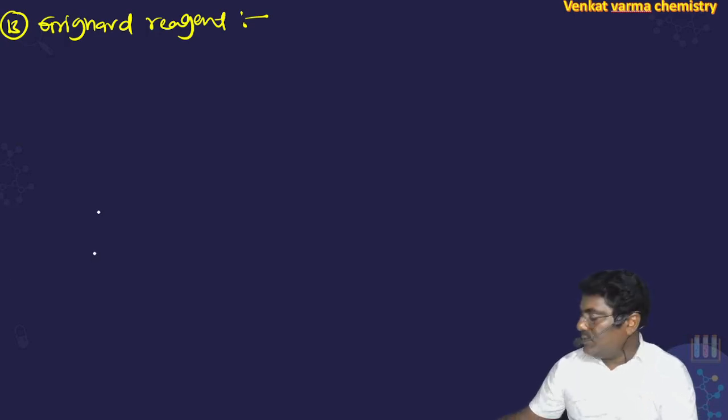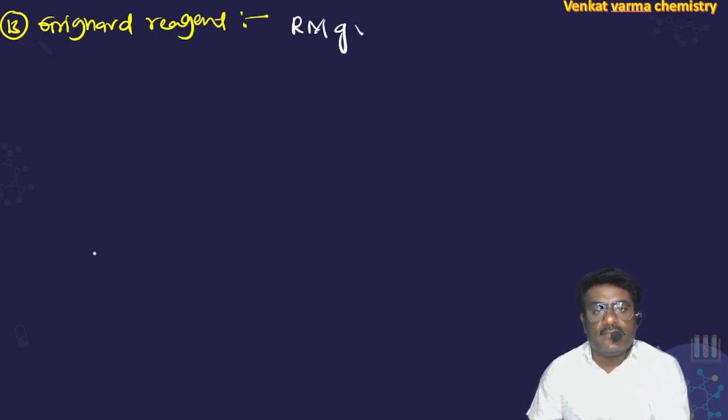Have a look at the next method, from Grignard reagent. What is a Grignard reagent? Alkyl magnesium halide, RMgX, is the Grignard reagent. How do we prepare it?